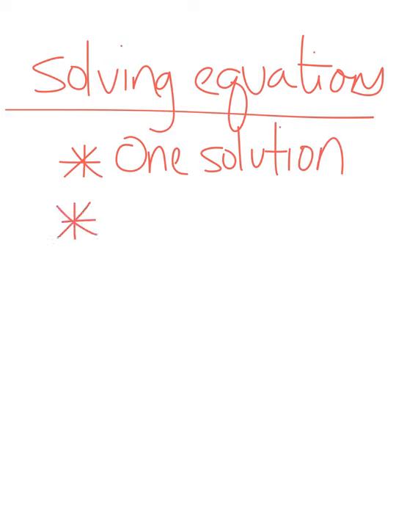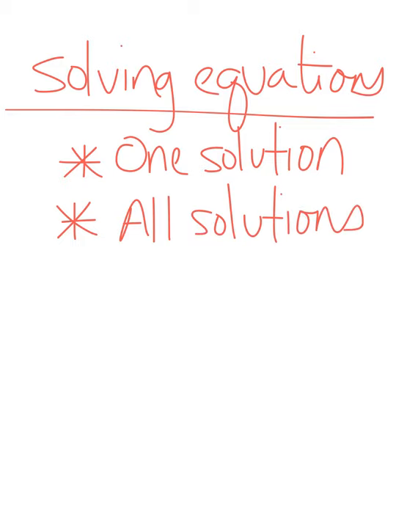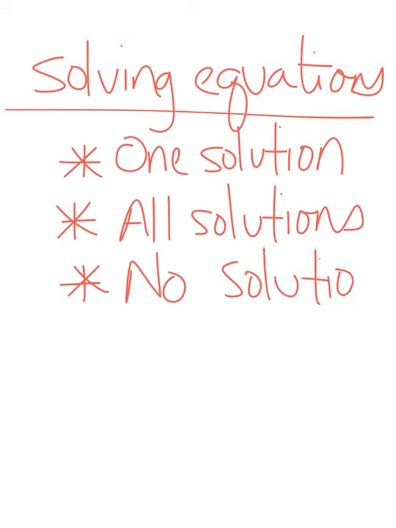But we also now know that we could have all solutions, where every number will work. Or we just saw an example where we will have no number, no solution. Nothing will work. So when we solve equations, there are 3 different kinds of answers we can get: either one, all, or none. That's it.